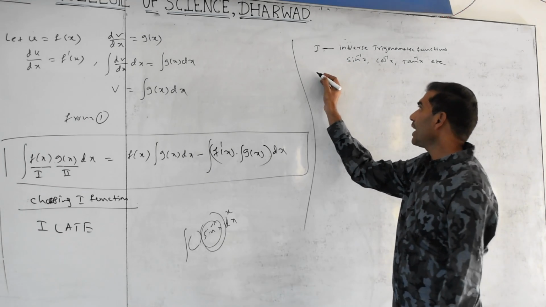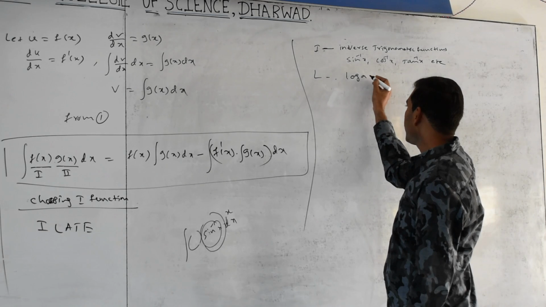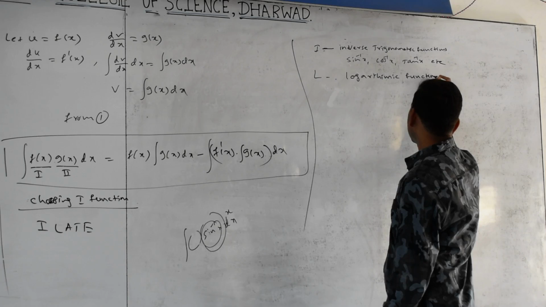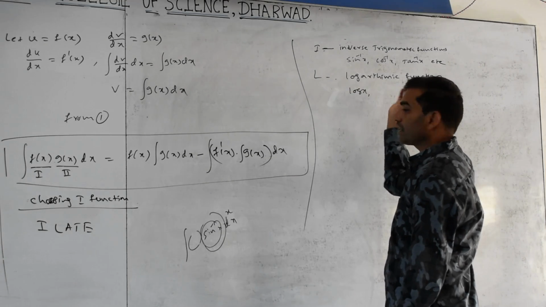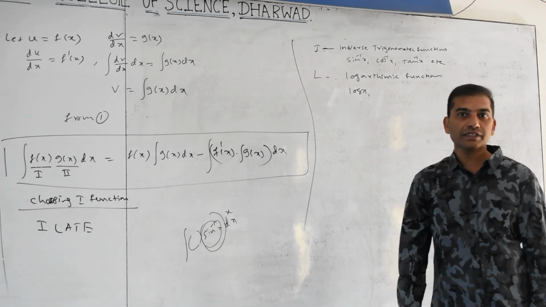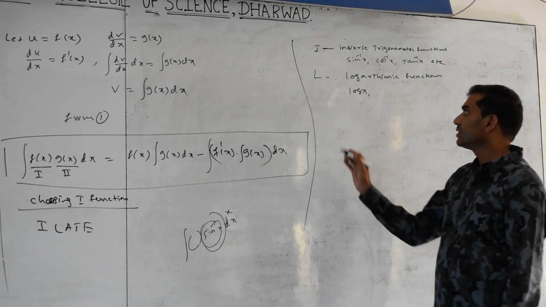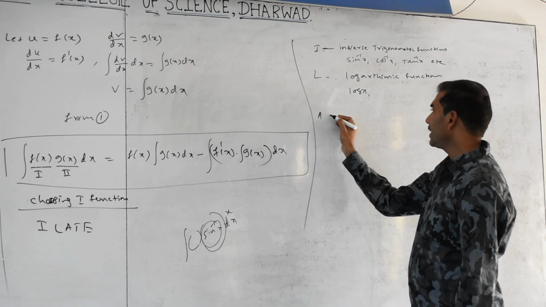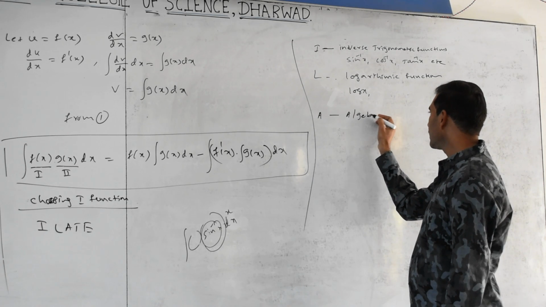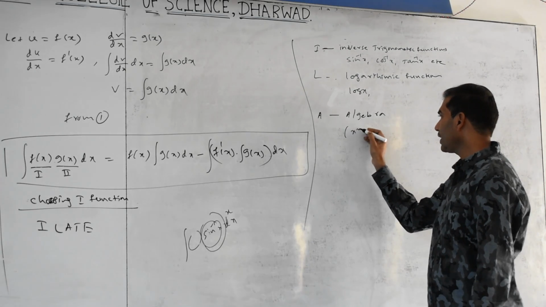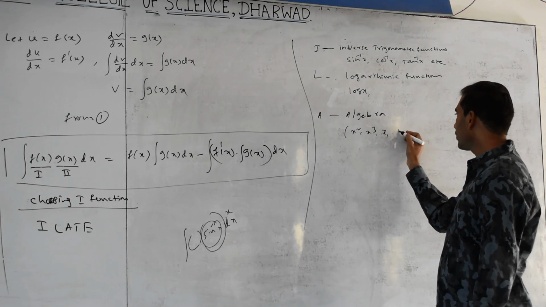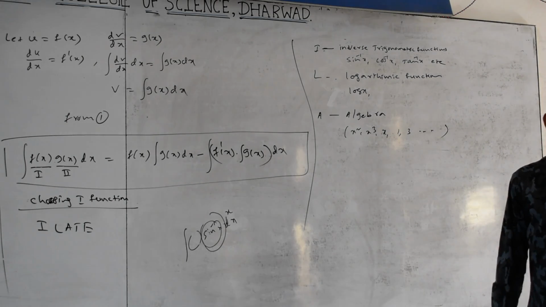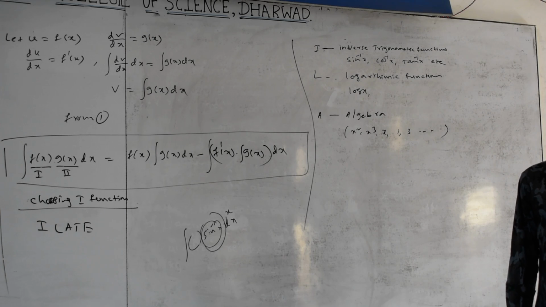Next, L means logarithmic function. Logarithmic functions means log x, log of sin x, etc. Next, A means algebra. Algebra means x square, x cube, x, 1, 3, constants, etc. All polynomials including constants are called algebra.